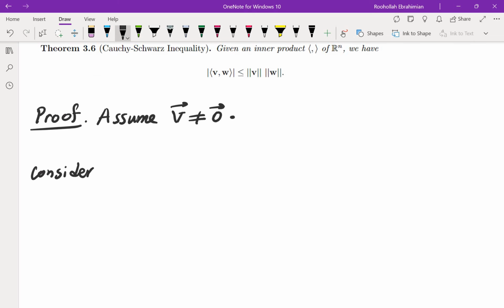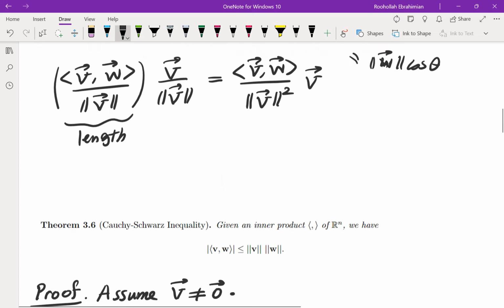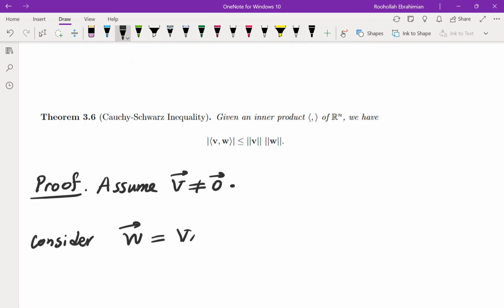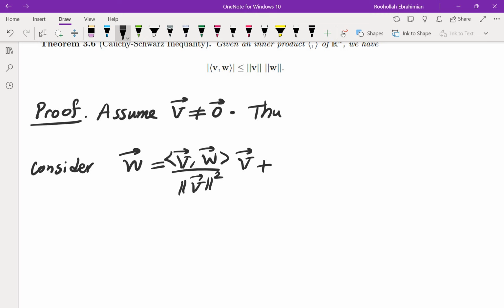Consider W equals, let's see what we had. We had inner product of V and W divided by norm of V squared times V plus, okay, so let's mention that inner product of V and V is not 0.